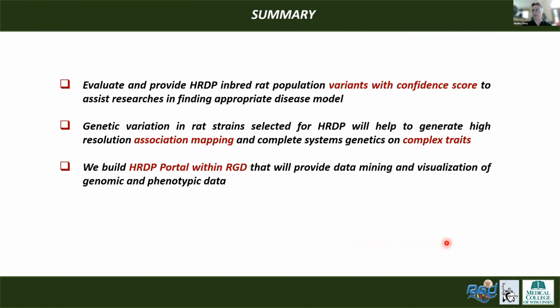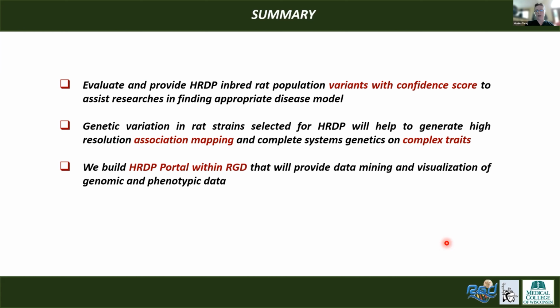So in summary, I don't know if I've got the time for a summary. In any case, what we are trying to do is generate this population of variants with confidence scores, to assist in finding an appropriate disease model for personalized medicine and the genetic variation in rat strains.